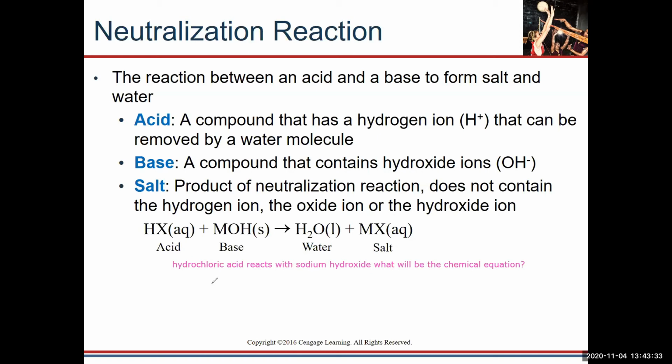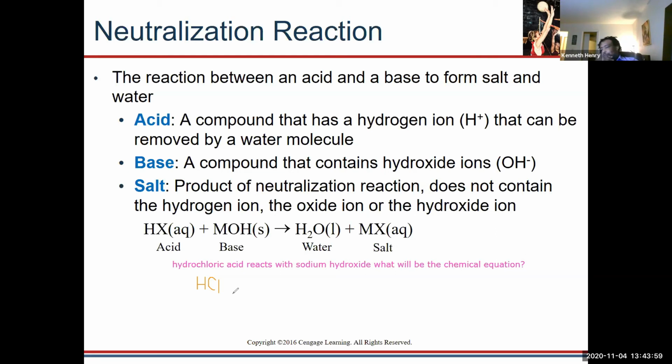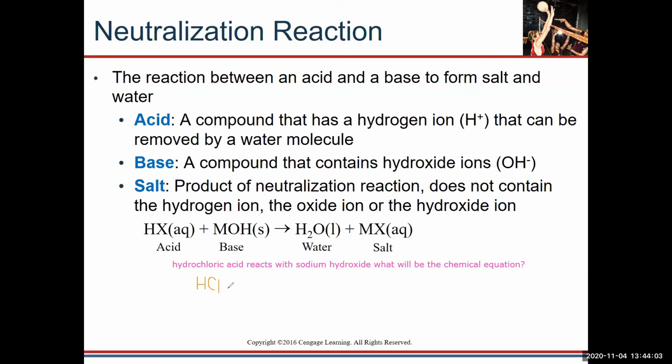Okay, so hydrochloric acid would be HCl. Is it solid, liquid, gas, or aqueous? It would be aqueous.